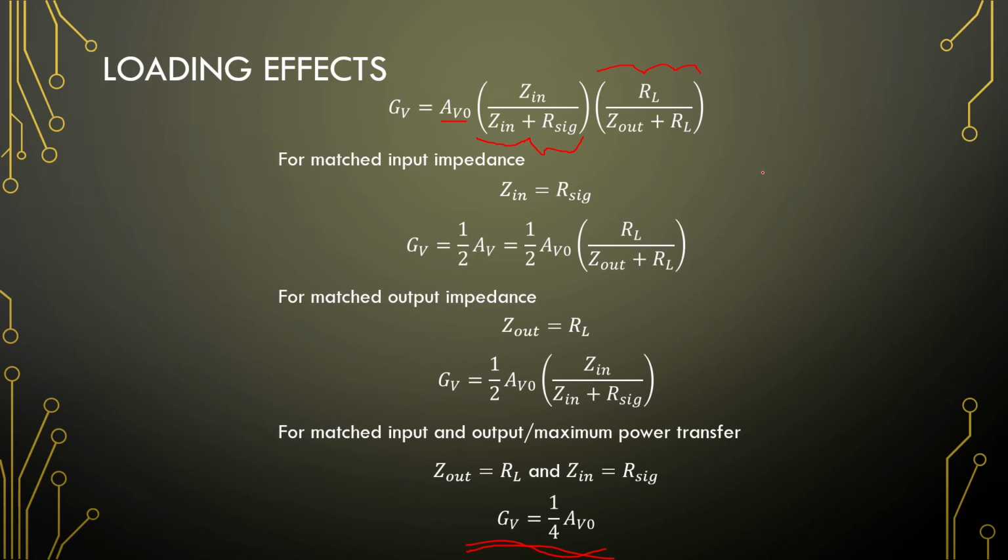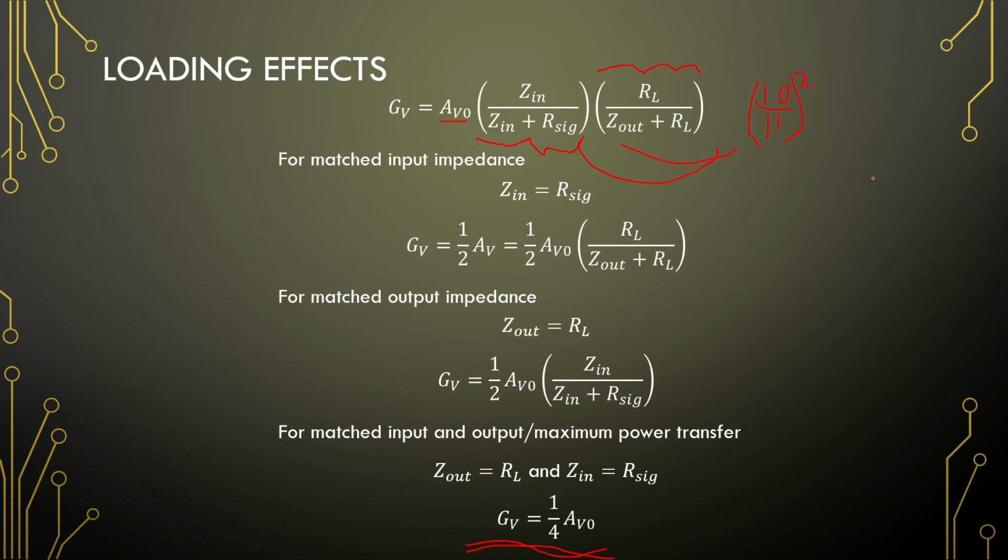For voltage transfer, you try to have Z in be 10 times larger than R sig, and on the output, you try to have Z out be 10 times smaller than R load, giving you about a 10 over 11 factor for each of these two. So if you do voltage transfer on input and output, the loading effect is 10 over 11 squared.